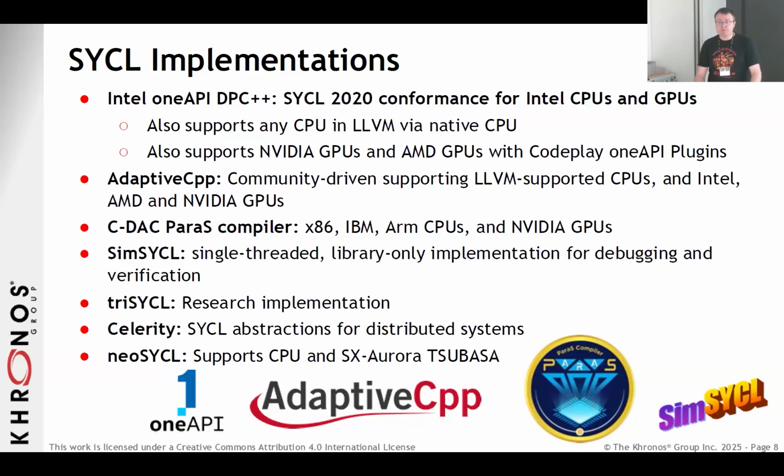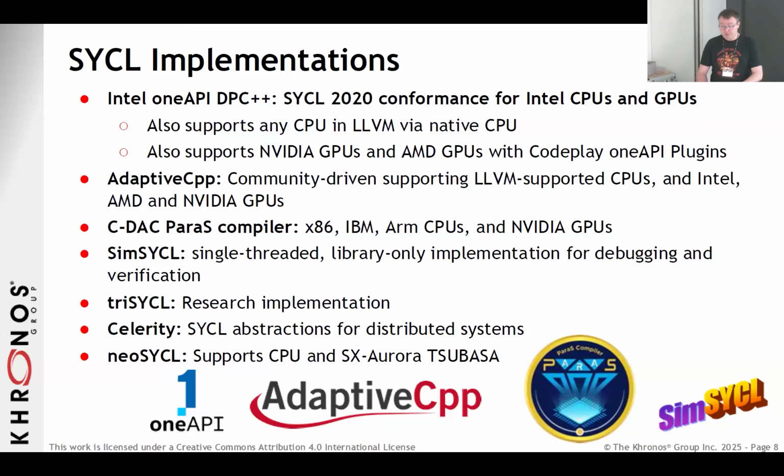triSYCL is a long-standing one of our research implementations, and supports all sorts of things. Originally started by Ronan Keryell, with lots of FPGA support, it has been pushing the boundaries in how SYCL can be implemented with all sorts of different approaches. And Celerity extends the SYCL abstractions not just to heterogeneous systems, but to distributed systems as well.